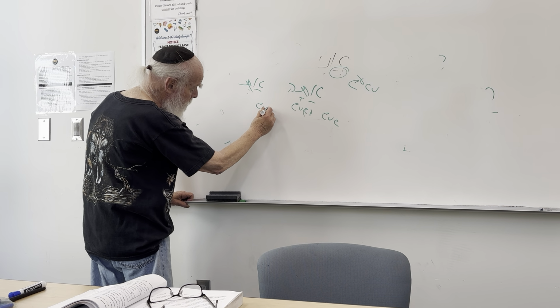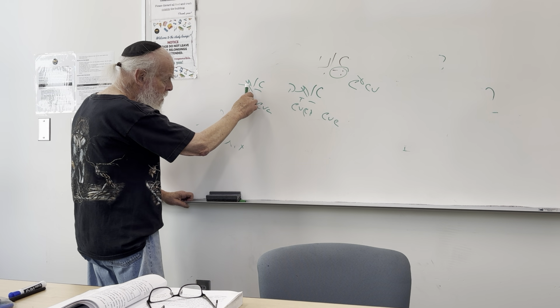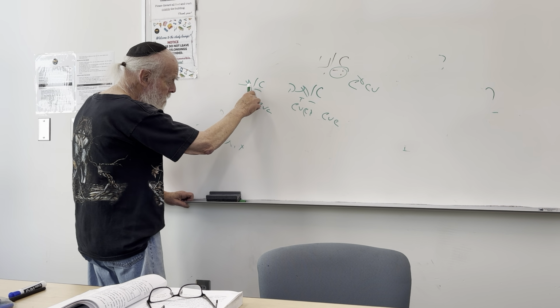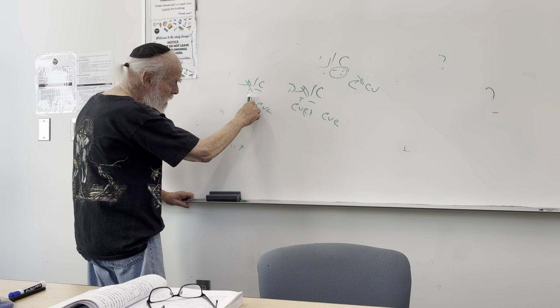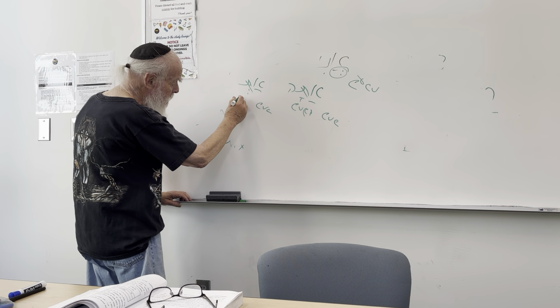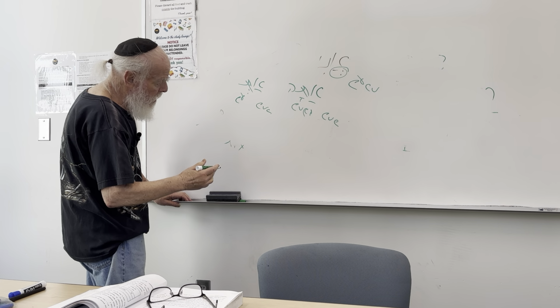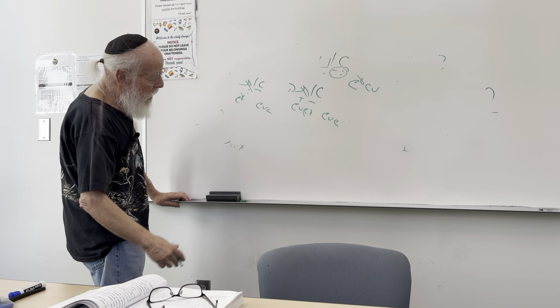So is it CVC, which is what you think it is, and then that tav is doubled, it appears, if this is a dagesh chazak, and what's that shva doing here? Are you not having another syllable, a consonant with a shva? And is there a syllable in Hebrew of a consonant with a shva?